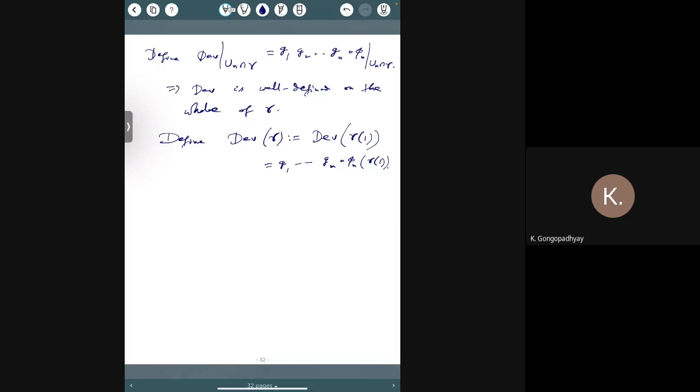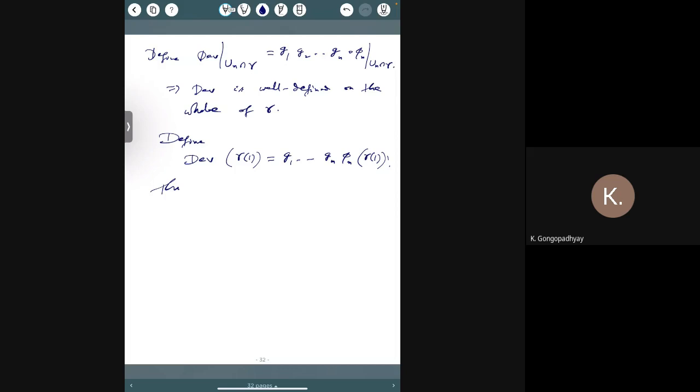Now, it might sound to you that, so this is fine, right? Define, okay, just a minute. Define the developing map at gamma 1 to be G1 Gn phi n gamma 1. Okay.